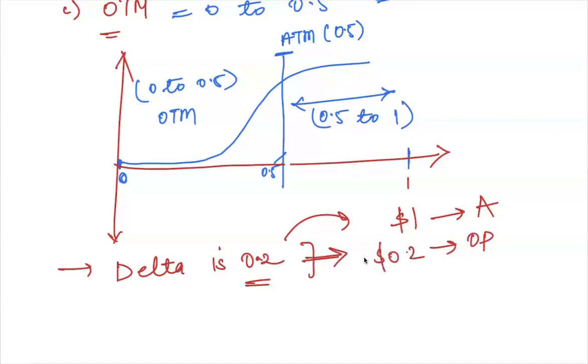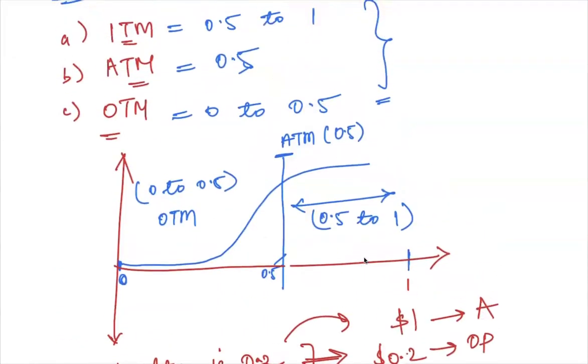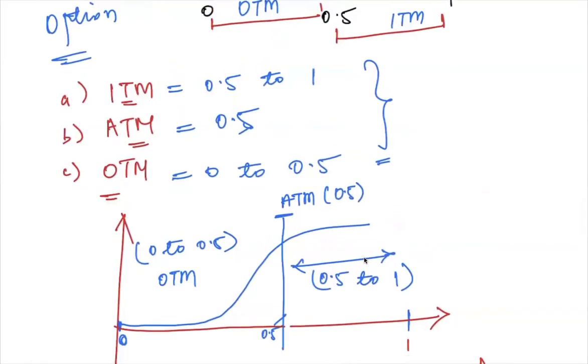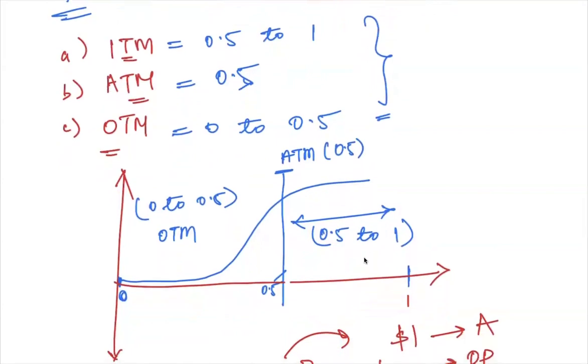0.2, right? So to your question, in general, when traders communicate with each other, they use delta to say whether the option is in the money, out of the money, or at the money. That's a very common practice.